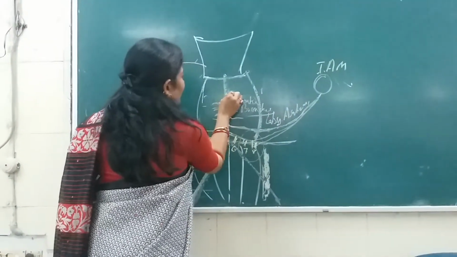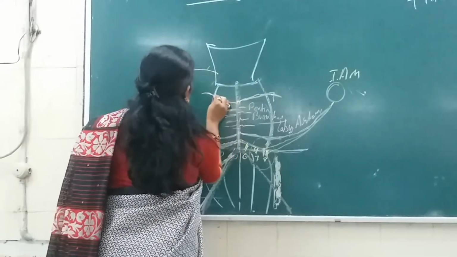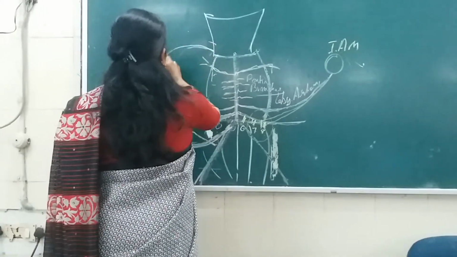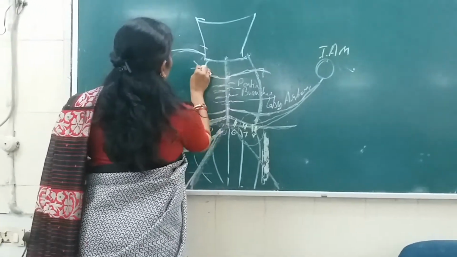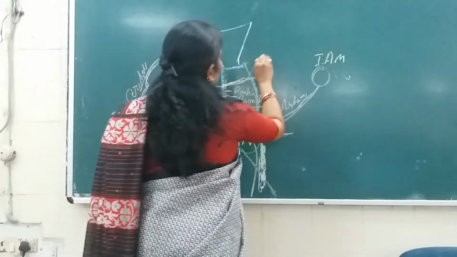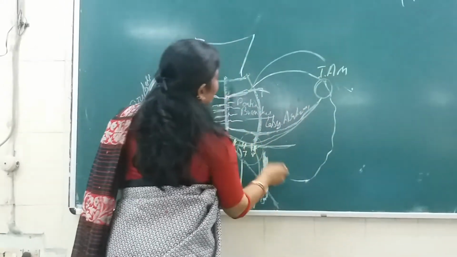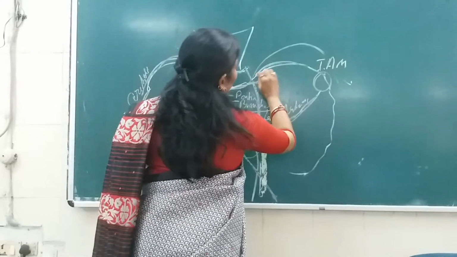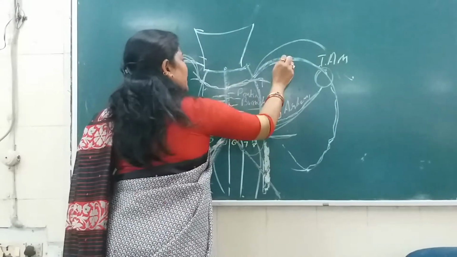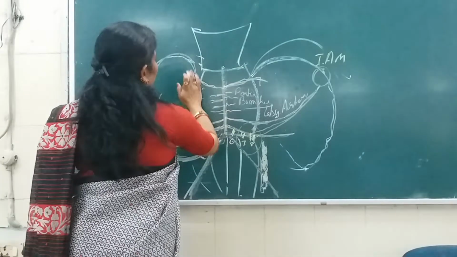The artery which is arising just above the pons. Which artery is this? This is the superior cerebellar artery, isn't it? It will supply the superior aspect of the cerebellum. Look here, this is the superior surface of the cerebellum. Okay, and the superior surface of the cerebellum is supplied by a special branch.